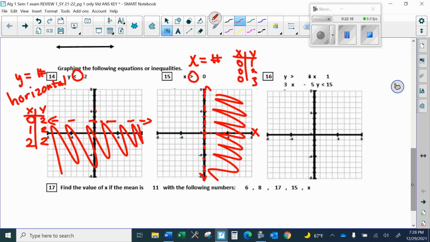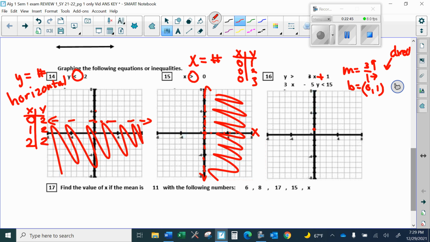16. Y equals or is greater than 3x. Dang it. The sign went away. We'll make it plus 1. Okay. So that's in slope-intercept form. Slope, right as a fraction: up 3, right 1. Y-intercept, 0, 1. 0, 1 is the point. So I plot the y-intercept as a point. Then I follow the directions. These are directions. These aren't points.